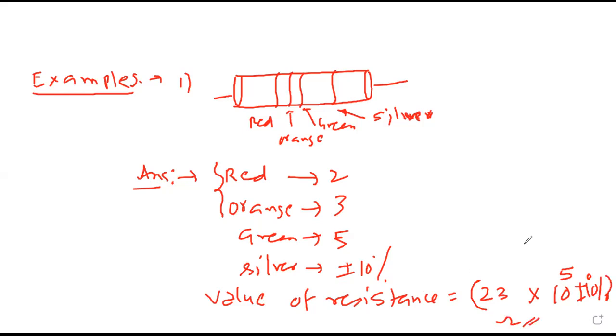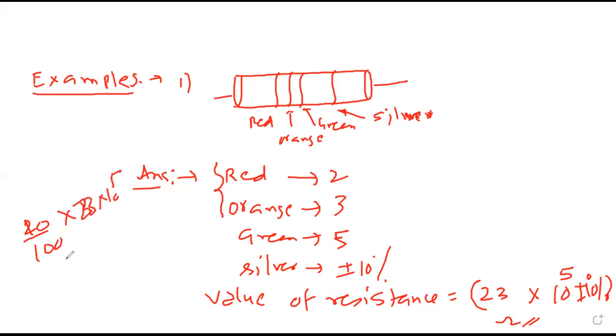If they say find the value of resistance, you can leave it like this. But if in the options they have given not a percentage but a value, then it is 10% of 23 into 10 raised to 5.